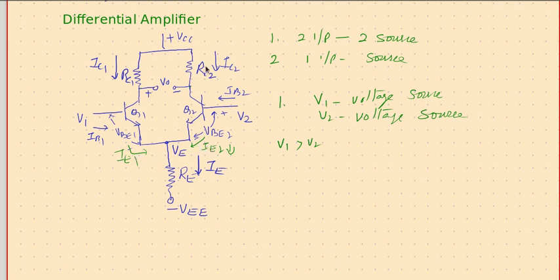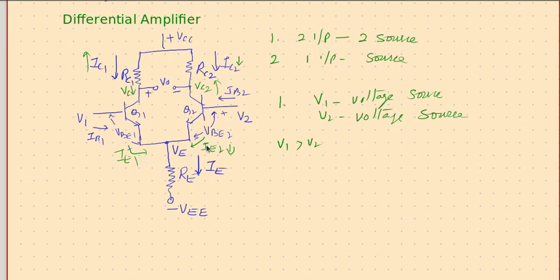Decrease in IE2 means decrease in IC2. Decrease in IC2 means VC2 increases, VC1 decreases, IC1 increases, IC2 decreases. So this continues. So IC1 keeps increasing, IE1 keeps increasing.